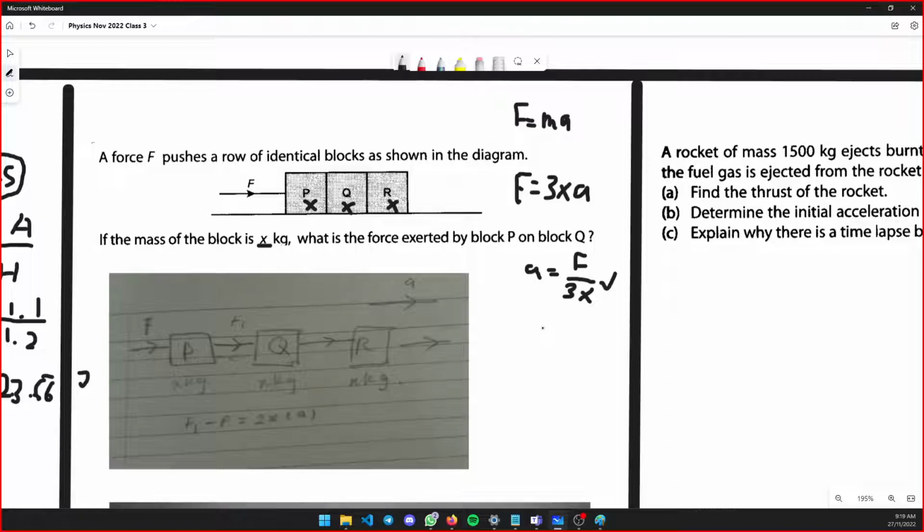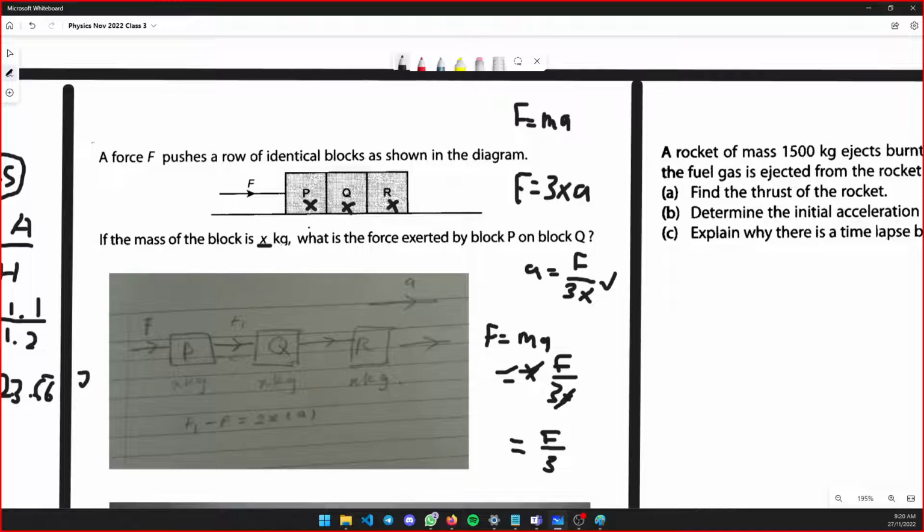So what will be the resultant force acting on each? That's actually quite straightforward. Resultant force is F equals to ma again, and m is x, and we know a is F over 3x. That means on each will be F over 3.